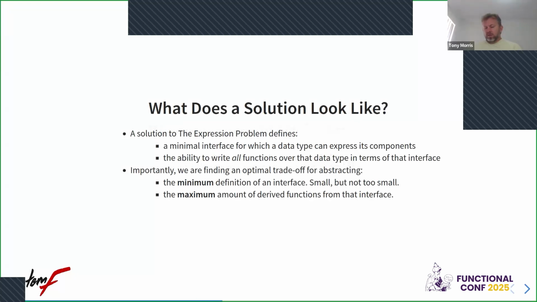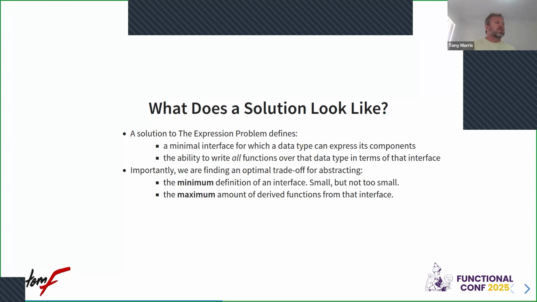So this is an opinion of mine. Maybe you agree or not, but what would a solution look like? Let's describe the solution. Well, however it is, whatever its concrete details are, what would it look like? So we would have a minimal interface for which the data type can express its components.